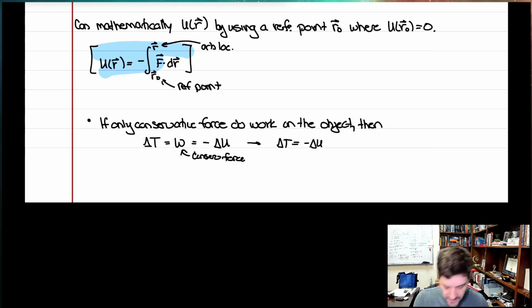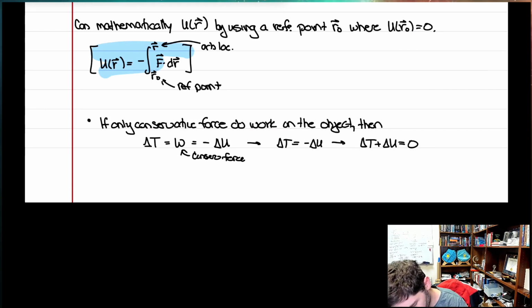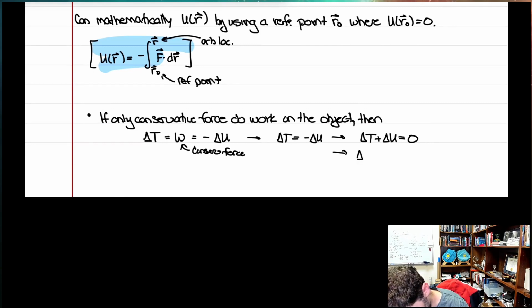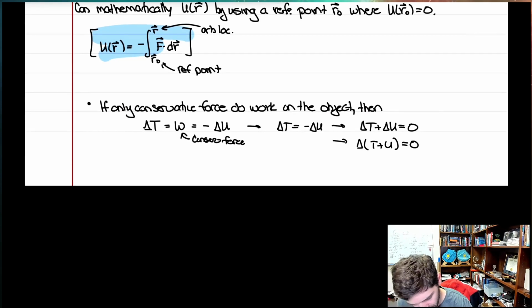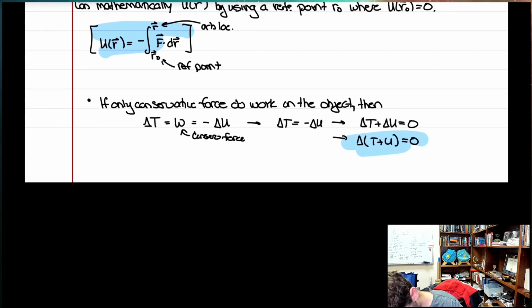Let me move delta U to the other side. Then it looks like delta T plus delta U equals 0, or that's saying that delta of T plus U equals 0 in this case, which is, of course, conservation of energy.